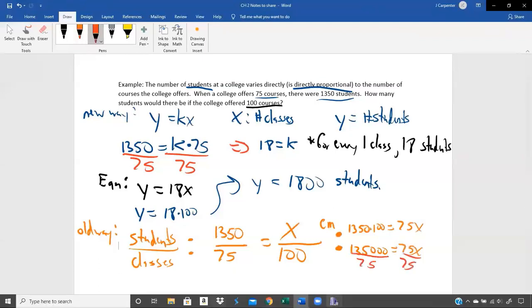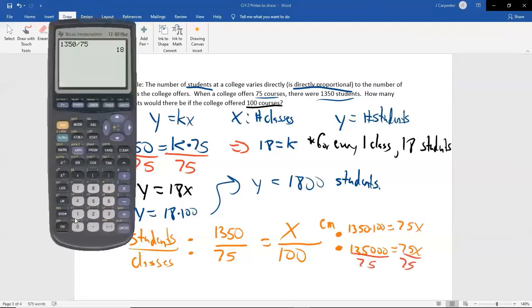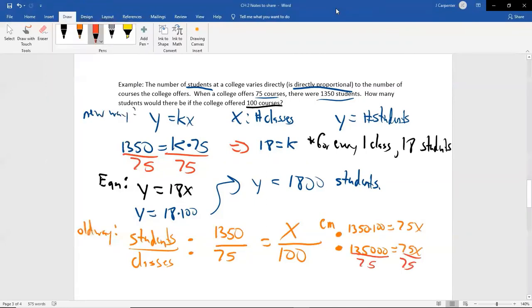Let's see what we get. 135000 divided by 75. Holy cow, we got the same answer, 1,800. What was X though? We should really say this is 1,800 students.